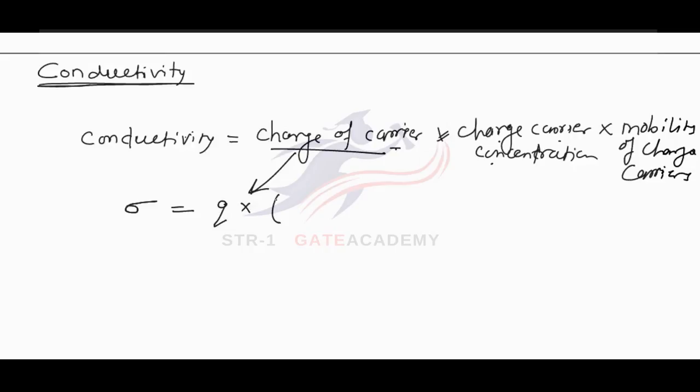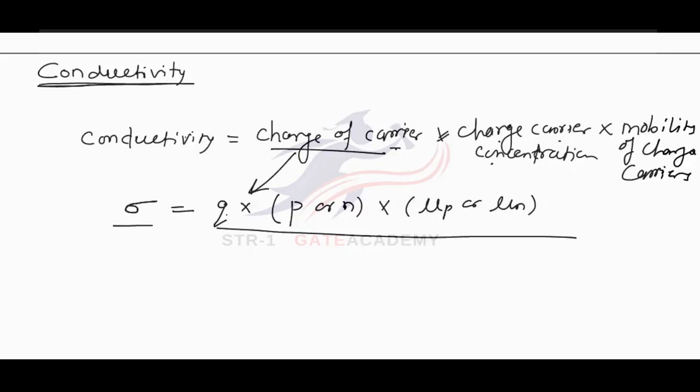So in the conductivity equation, the charge carrier concentration will be either p or n, and mobility of charge carrier will be either mu p or mu n. This is the equation for conductivity. Now we will define conductivity for different types of material. Conductivity has unit Siemens per meter or mho per meter.